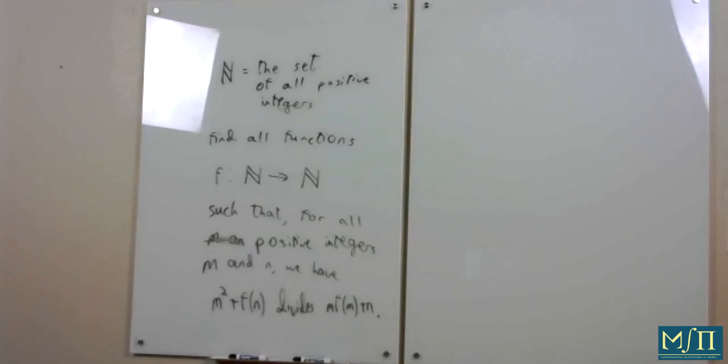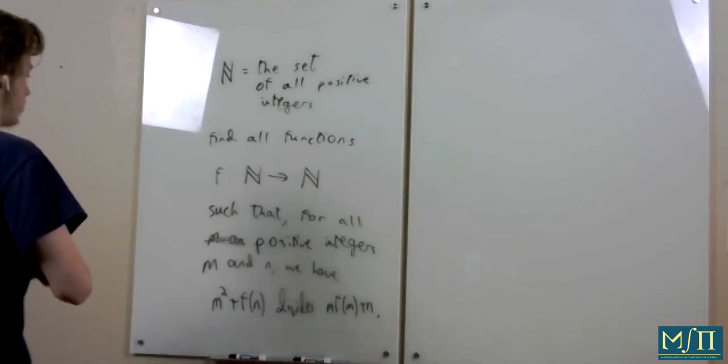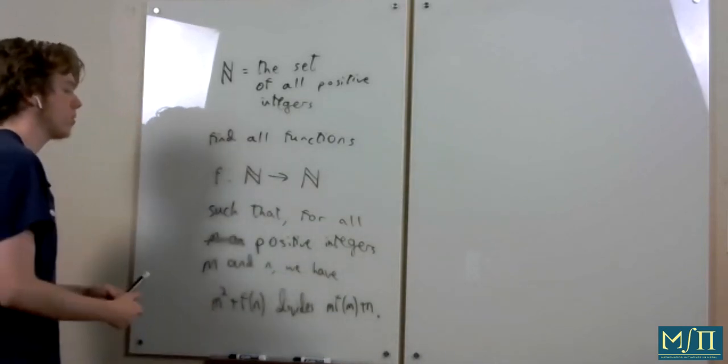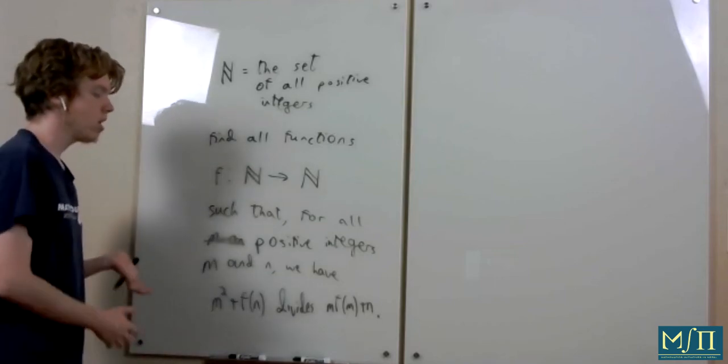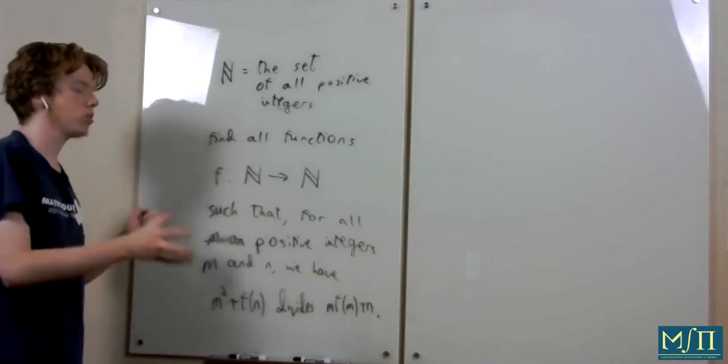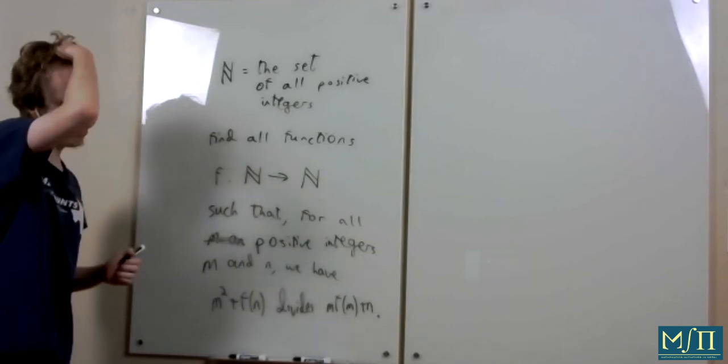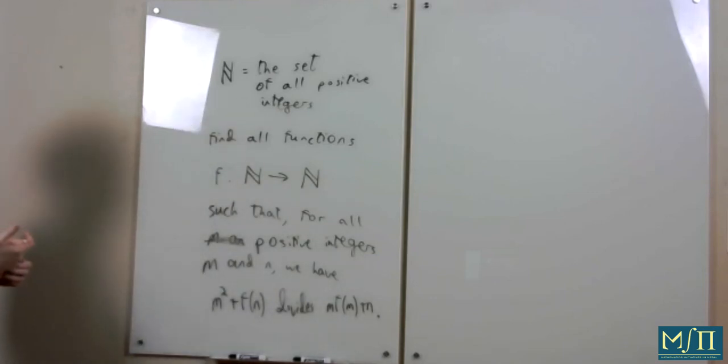All you know is that for each integer, it assigns some other integer. And then you have to work with these conditions for different pairs of m and n, and somehow use it to give you some useful information.